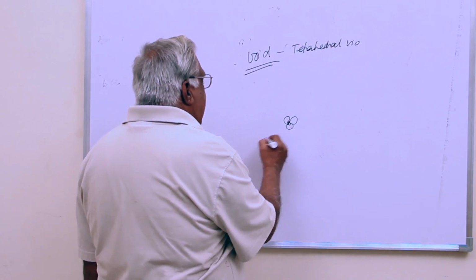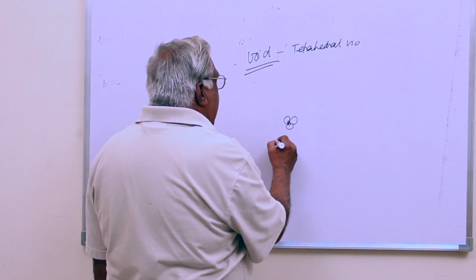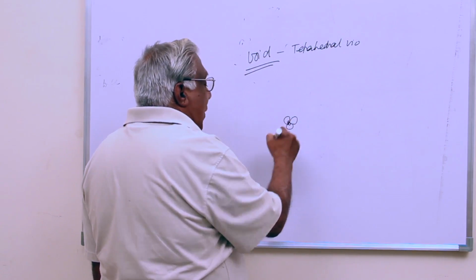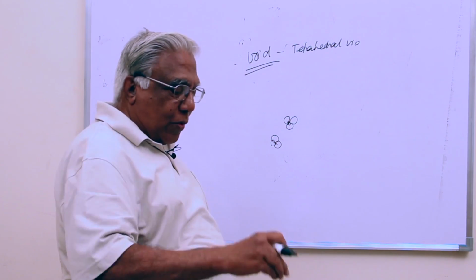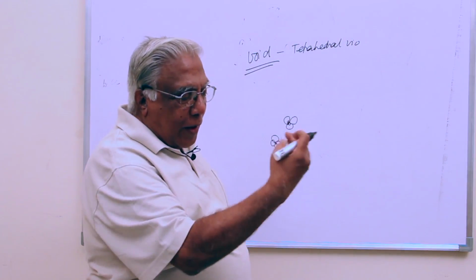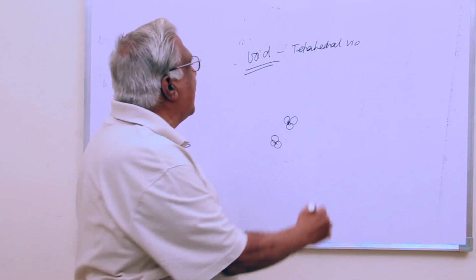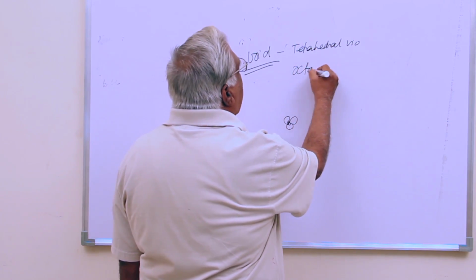And another one we call an octahedral void. This is one, this is two, this is another. Over and above you have another one. So here is the void, 1, 2, 3 particles, and above one, below one, like this. So you will find 6 particles. So this is called an octahedral void.